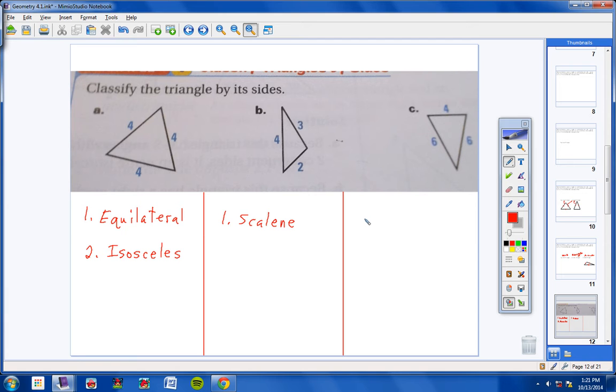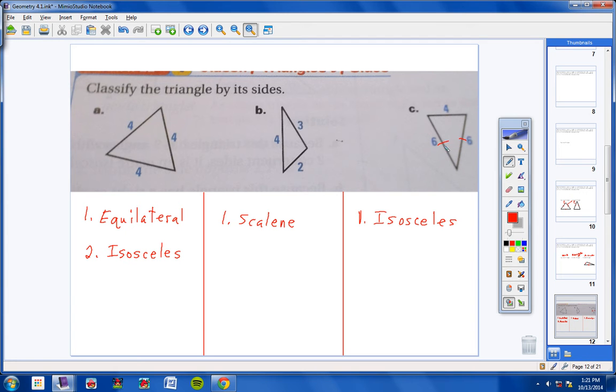And then this one over here, students, you should have put isosceles because it definitely cannot be scalene because we have two congruent sides here and here. And it can't be equilateral because equilateral has to have all three sides congruent. So it has to be isosceles because we have to have at least two congruent sides, and we have at least two congruent sides.